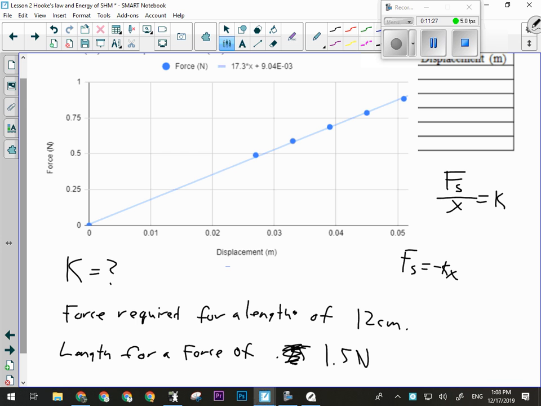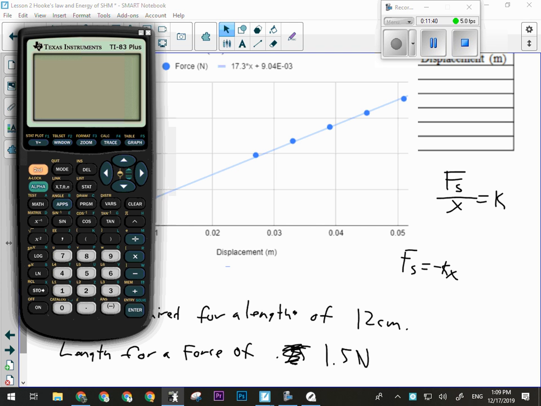By looking at a graph. All right, if I want to calculate the force required for a length of 12 centimeters, all I have to do is use the equation. So we're looking for the force, so we're solving for y. So we'll have 17.3 times 0.12 meters plus 0.00904.